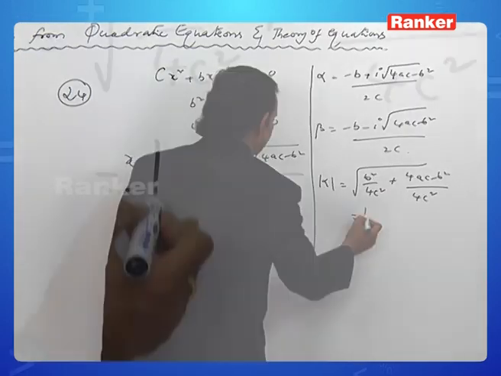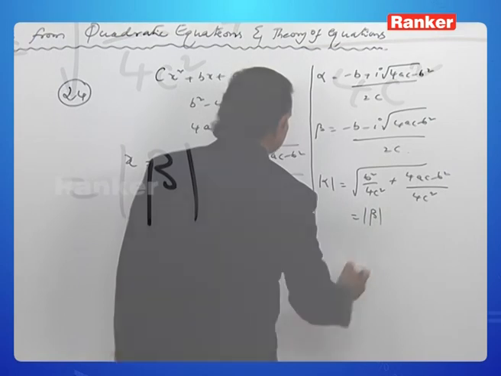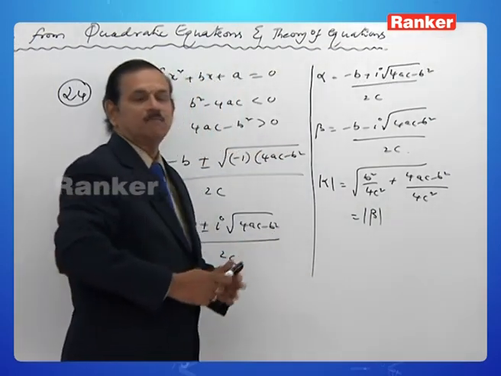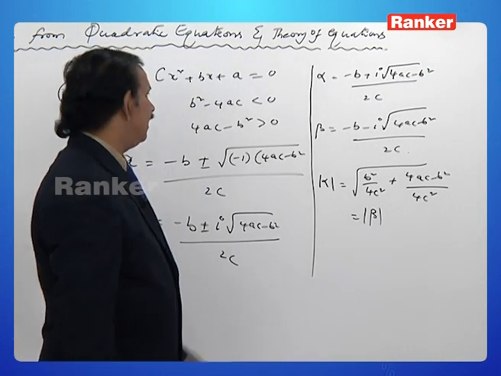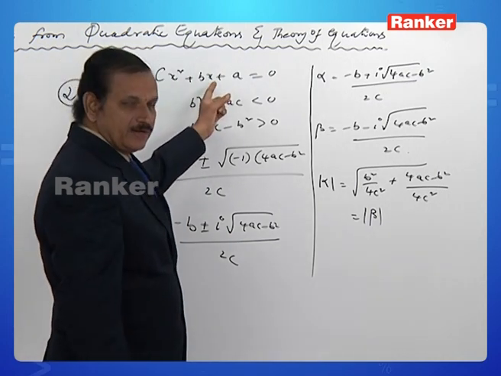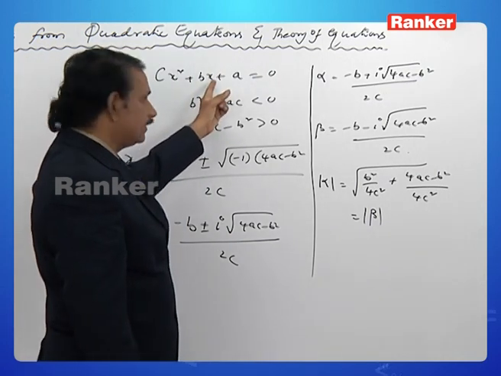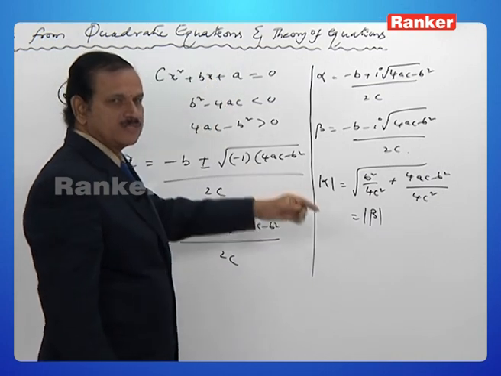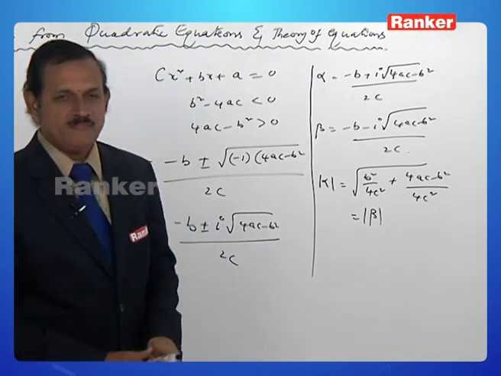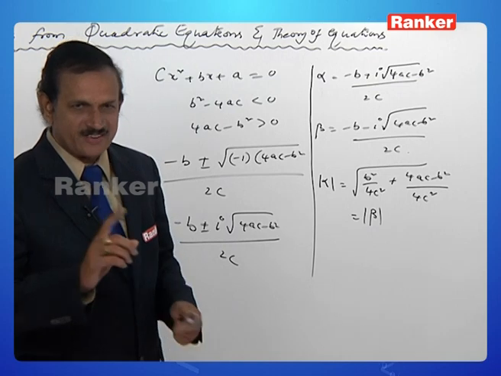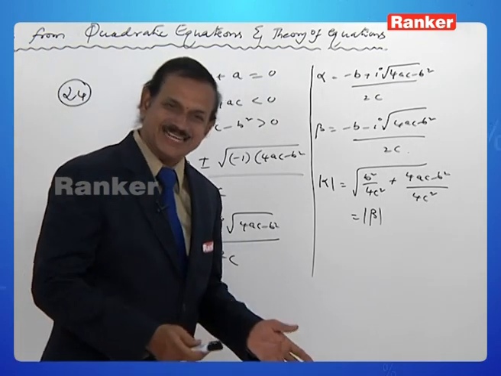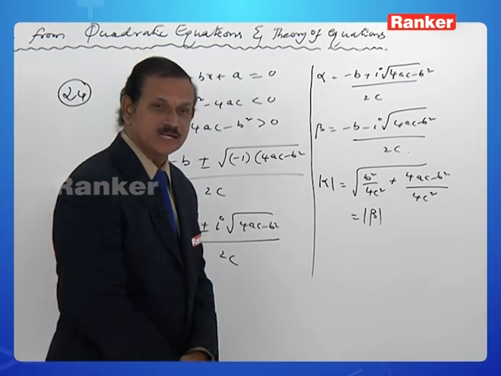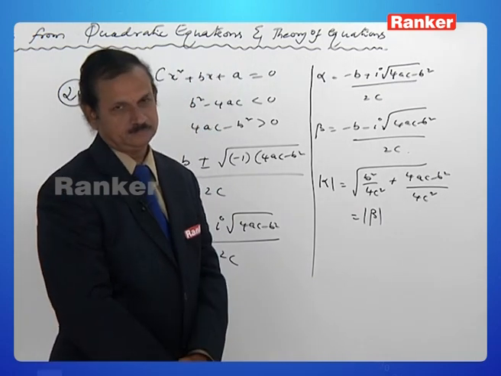Here it is an easy observation that mod alpha is equal to mod beta. Why? Because when the roots of the equation are imaginary, they are complex conjugates. So if alpha is a complex number, say z, then beta is the complex number z bar.